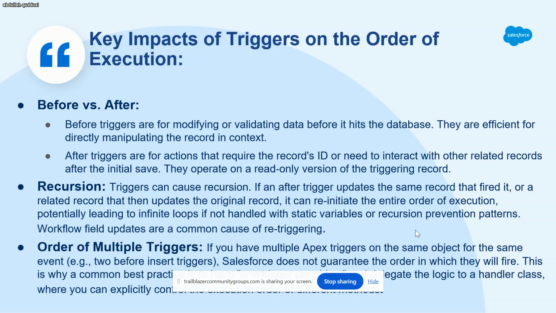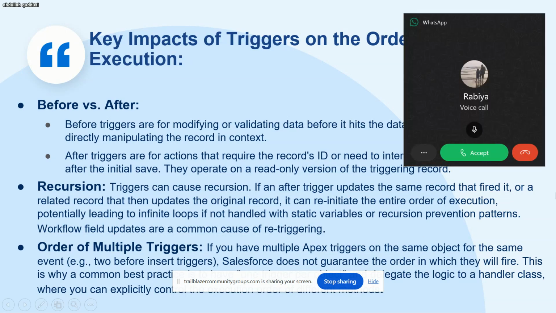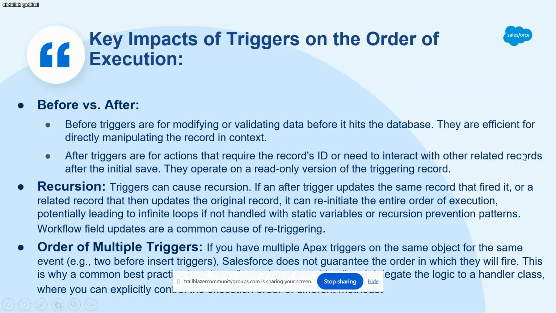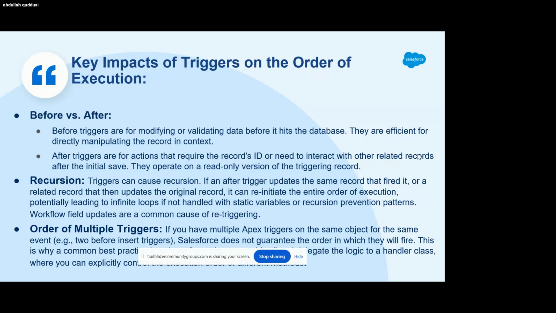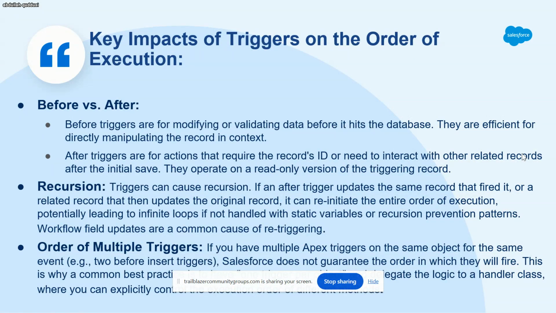If an after trigger updates the same record that fired it, or a related record which then updates the original record, it can reinitiate the entire order of execution.